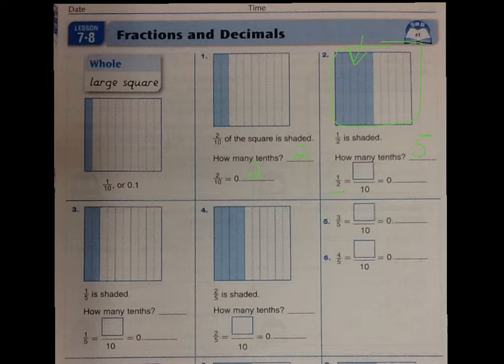One of the ways is just how we did it, where we counted 1, 2, 3, 4, 5. We know 5 tenths. But we also know equivalent fractions, and we know that to get to tenths, we would have to multiply this 2 times 5. So we would do the same on the top to get our 5 over there. So then our decimal is 0.5, or 5 tenths.